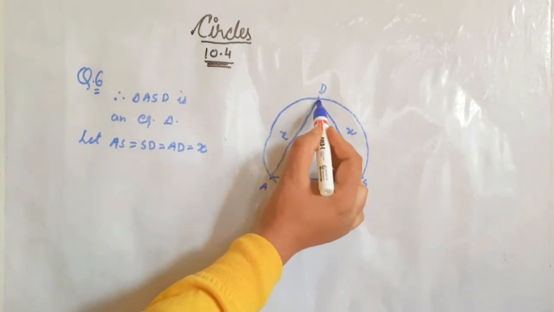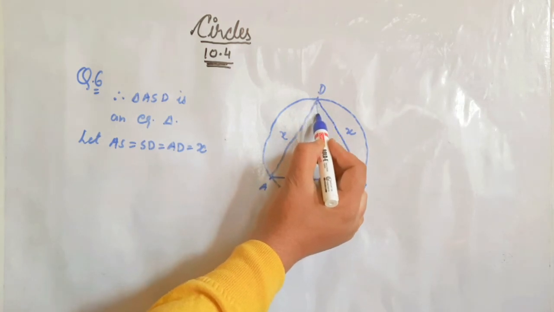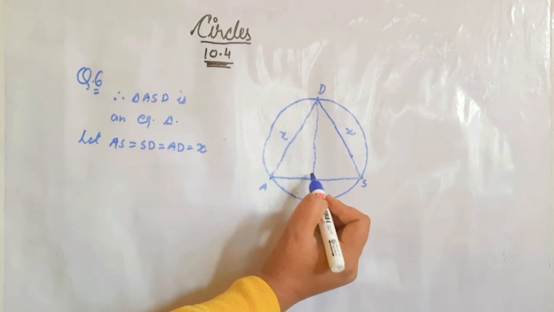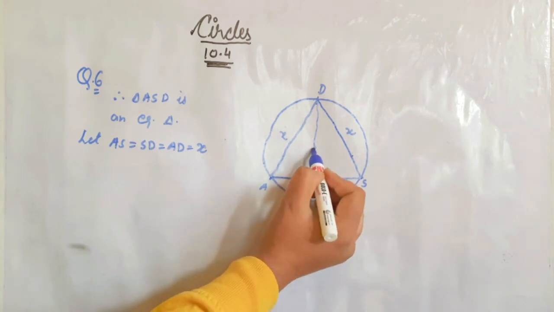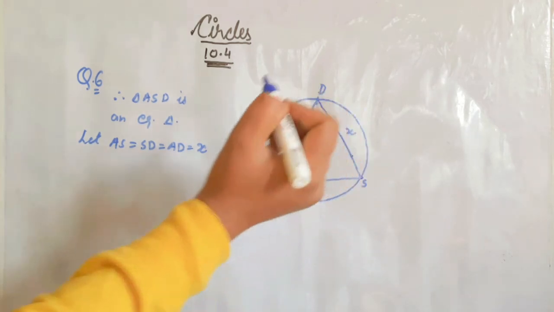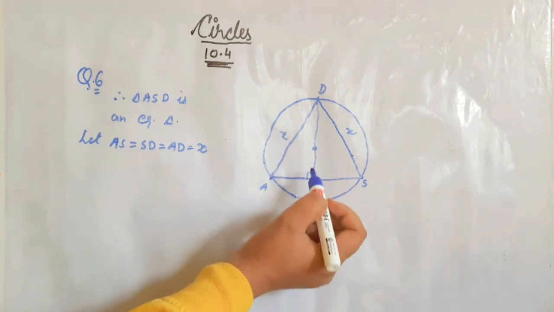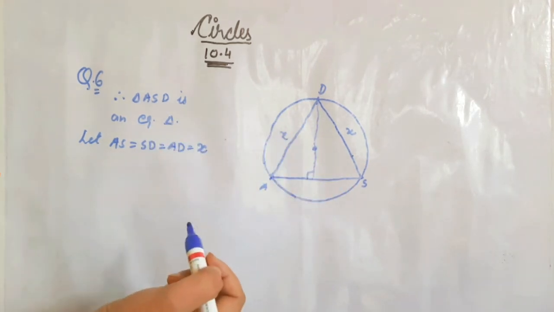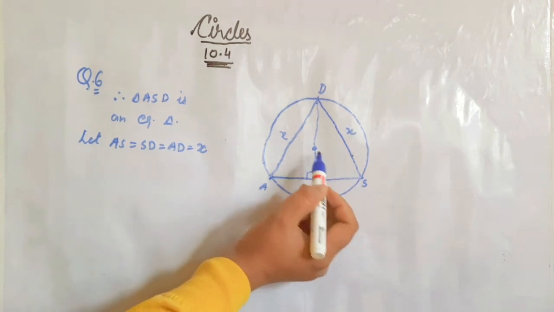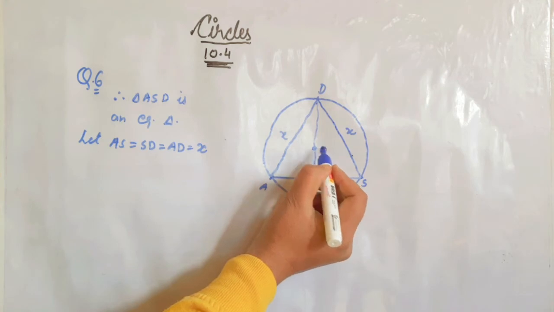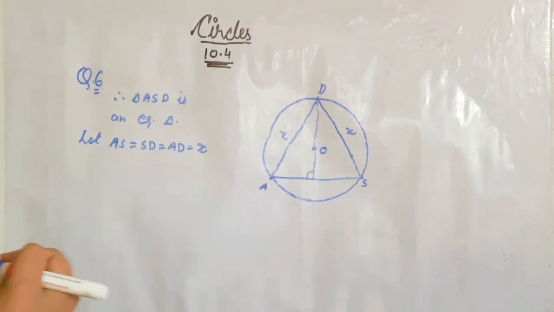Now draw a perpendicular from the top vertex. You know, in an equilateral triangle, the perpendicular and median are the same thing. So if I draw all three perpendiculars, then this O will be the centroid of the triangle.